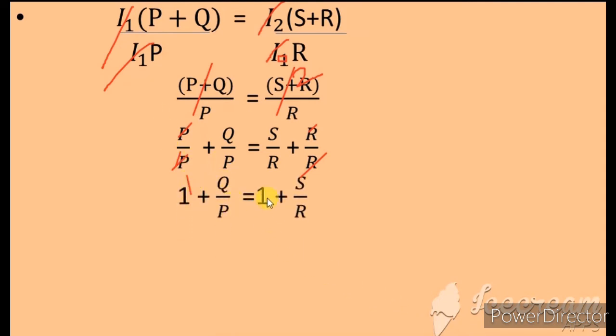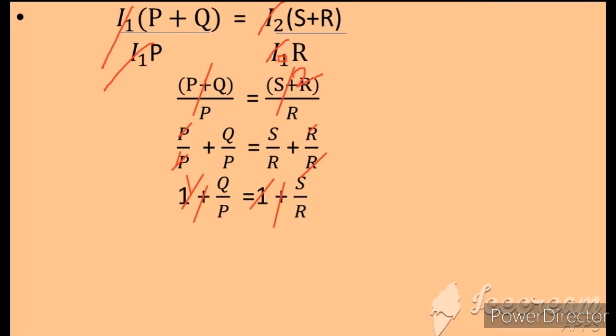So 1 plus Q by P, then S by R. Here again cancel the 1 on both sides, so the remaining will be Q by P, which is equal to S by R.